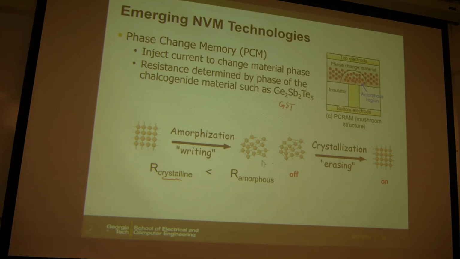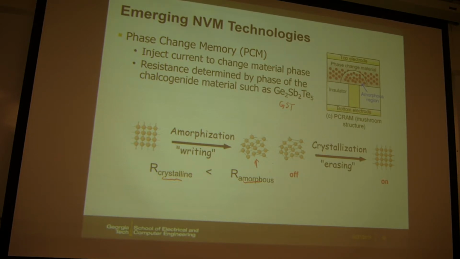But if the atoms are kind of random in location, without this order, then it's called the amorphous state. So the mechanism of this device is to change the material between the crystalline and amorphous states. And if you do that, then you will find the crystalline phase resistance will be smaller than the amorphous state resistance. So how do you change between those two states?